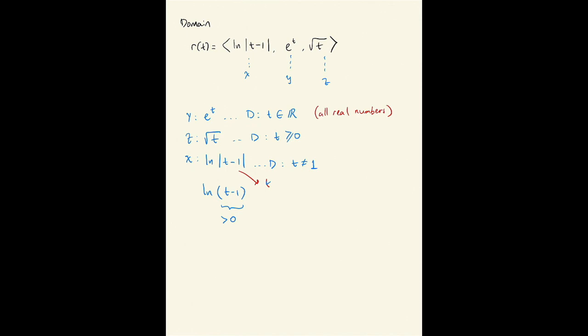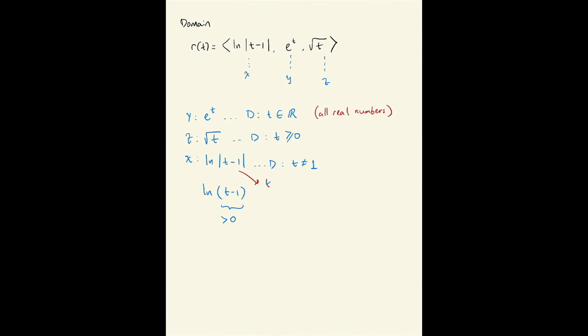You cannot define ln 0, right? It cannot be 1. But because it has absolute value, negative is still fine.